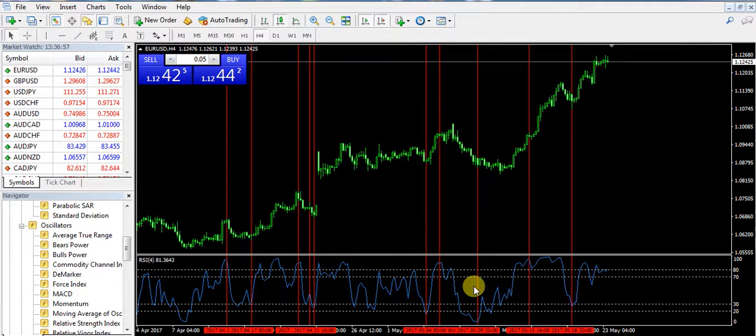And similarly over here, it was an early warning for us that this trend, remember, it refers to the current trend in place. That's very important.